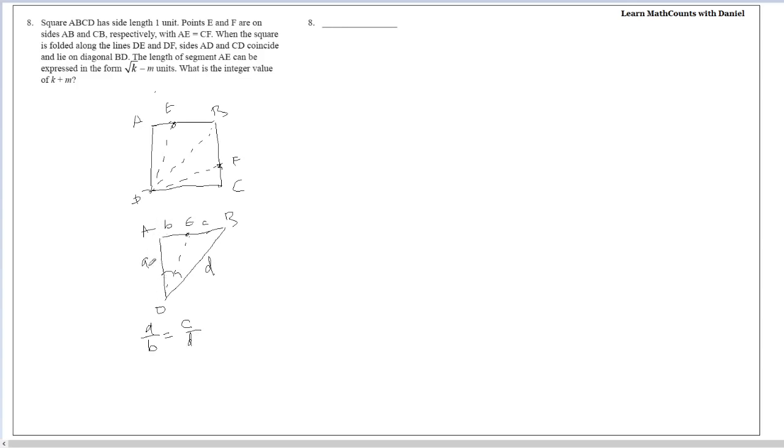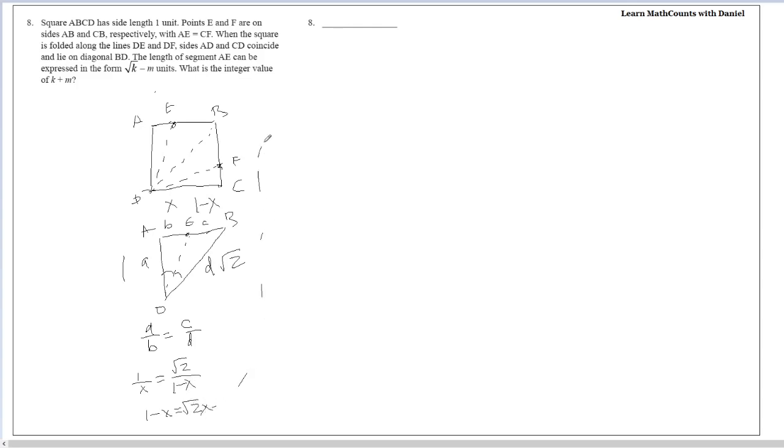We know that AD is 1, and because DB is a diagonal, it has length root 2. If we call the length of B x, then C is 1 minus x because it's the other part of this side of length 1. So now we have that 1 over x equals root 2 over 1 minus x. If we cross multiply, we get that 1 minus x equals root 2 x.